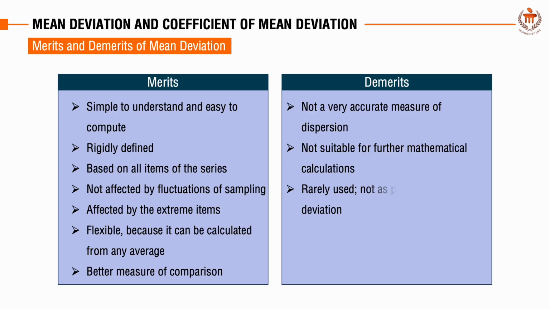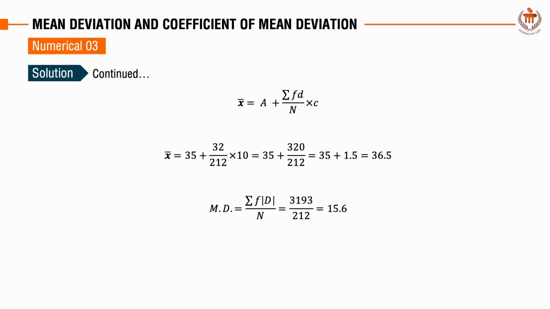For the mean deviation, we need the summation of f into modulus of d. When we divide that by the total sum of frequency, 212, we get the mean deviation. So 3193 divided by 212 gives the mean deviation.